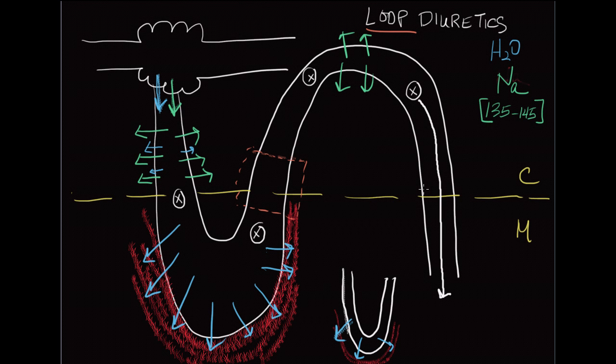And that's why we generally say loop diuretics have a difficult ability to cause hyponatremia. It's not that they can't, it's that the ability to cause hyponatremia diminishes as you urinate more and more, simply because you've decreased the medullary concentrating gradient, so the number of blue arrows drops.